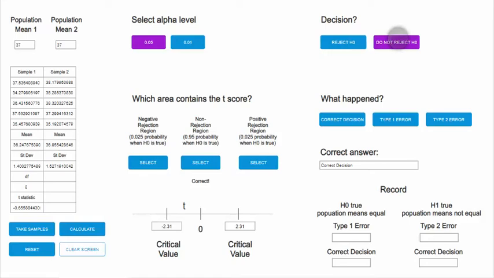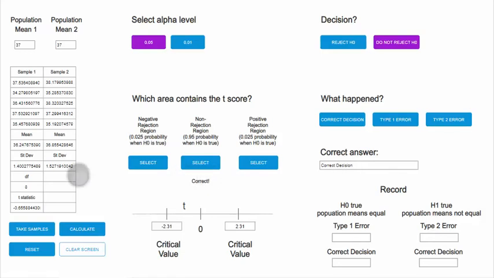We retained the null hypothesis, and that was actually a good decision because the population means are actually equal. There really is no difference, and these two sample means down here of 36.2 and 36.8 were different simply by chance. So we have a correct decision for the null hypothesis. We're in favor of the null hypothesis.